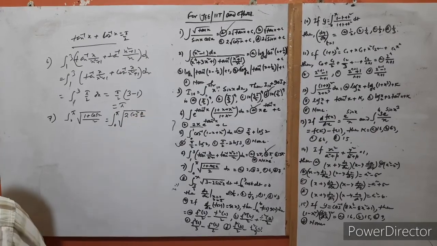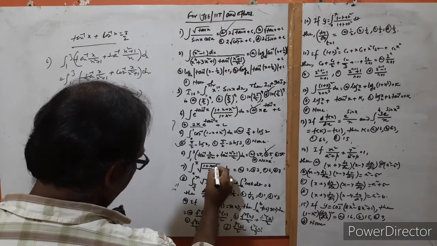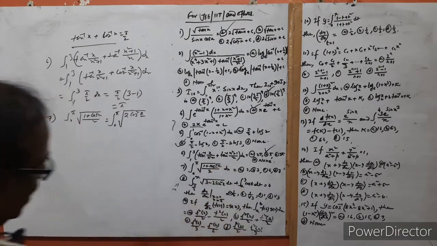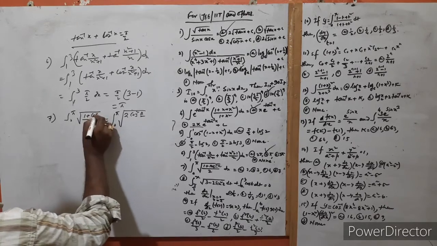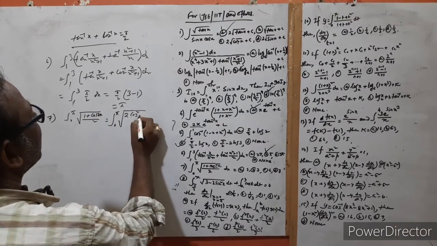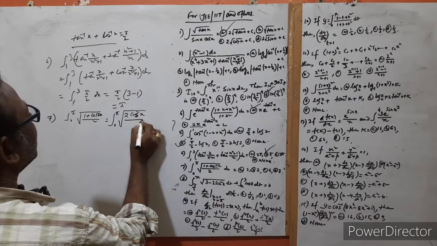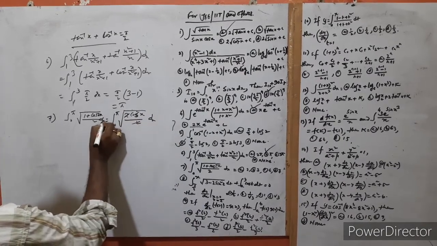See again question number 7. I wrote it wrongly here, so that's why I am checking my question sheet. This is not x, this is twice x. So this is twice x, and now cos x by 2, the 2s are cancelled, and dx, so dx was missing.